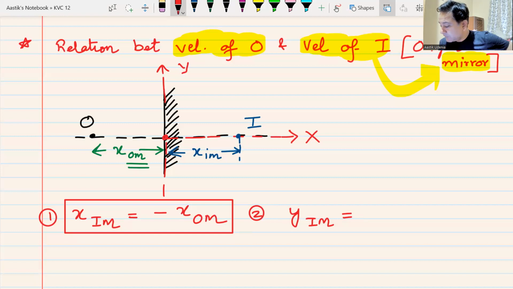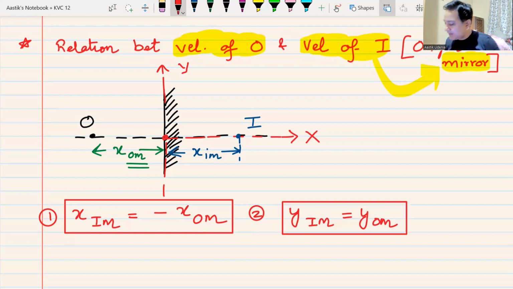No change, constant. You don't say it's constant. You say it is same as the y coordinate of object with respect to the mirror. So I will just write it here: YIM equals YOM. Is this point clear to everyone in the class?